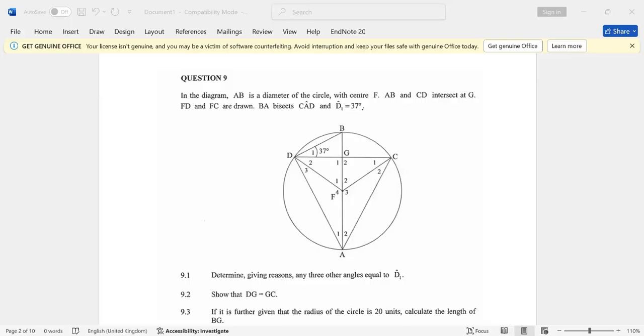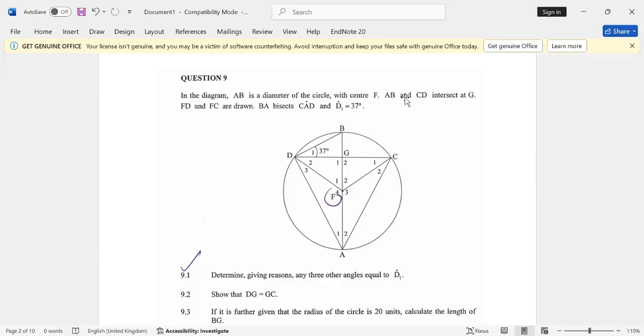Now, the next question is question number 9. In the diagram, AB is the diameter of the circle with center F. AB and CD intersect at G. FD and FC are drawn. BA bisects CAD, and D1 equals 37 degrees. First, we have to find 9.1: determine, giving reasons, any three other angles equal to D1.